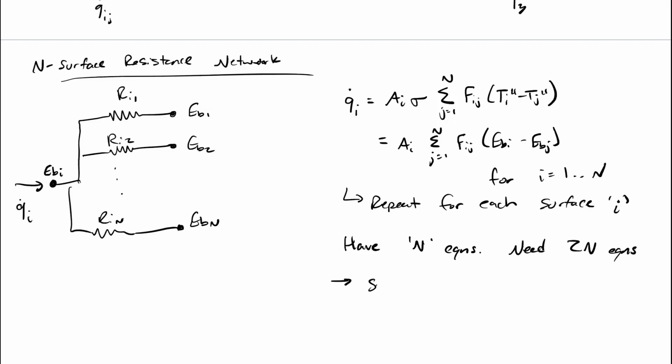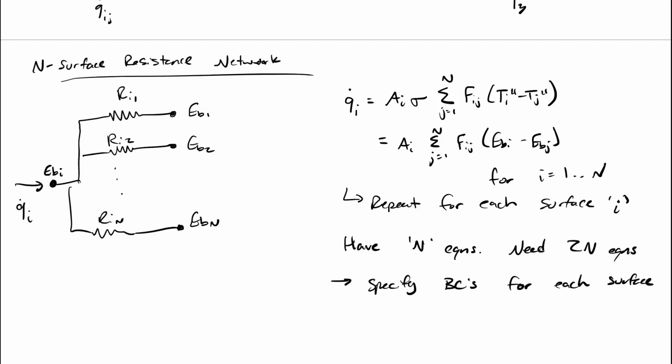So we specify boundary conditions for each surface. What are those boundary conditions? Well, it can be anything that pins down that surface. So let's say you're given in a problem a Q dot for a surface, or you say I have a heater, you're putting this amount of power into that surface. In that surface I that you have that heater, you'd specify Q dot, and then you could use that to calculate the emissive power.